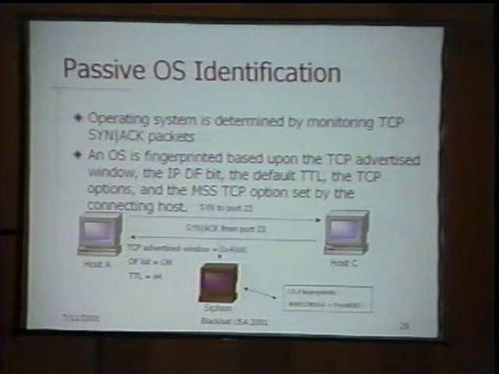And we have a TCP advertised window of hex 0x4000. The don't fragment bit is on. And the TTL is set to 60, default TTL we estimate to be 64. If this was on a local network, that would be actually the value we saw in the packet itself. And when we look that up, it happens to be FreeBSD there.